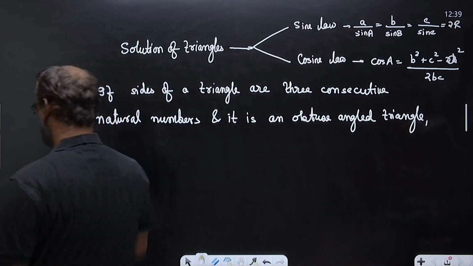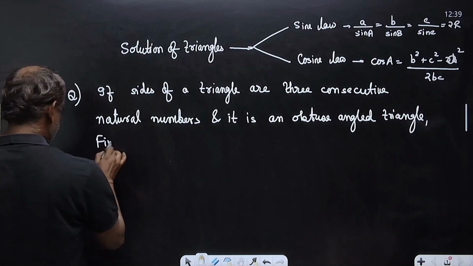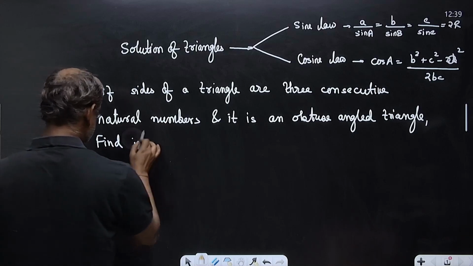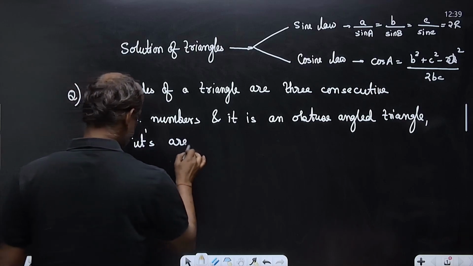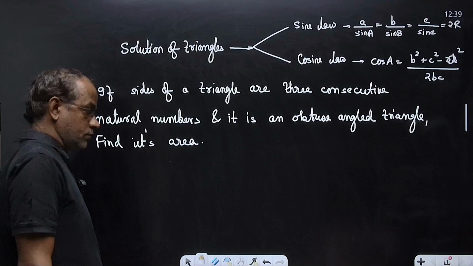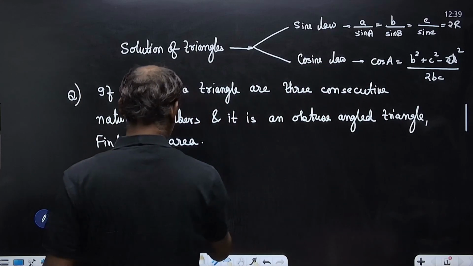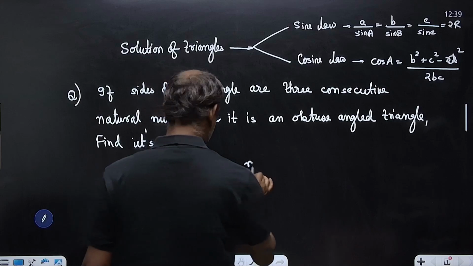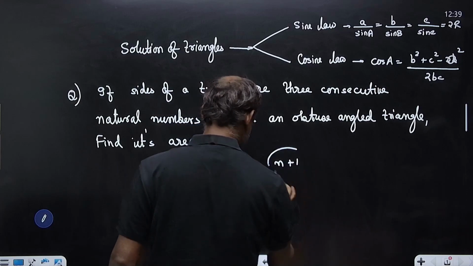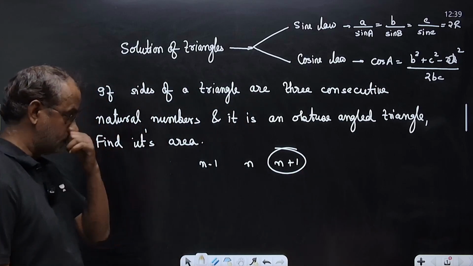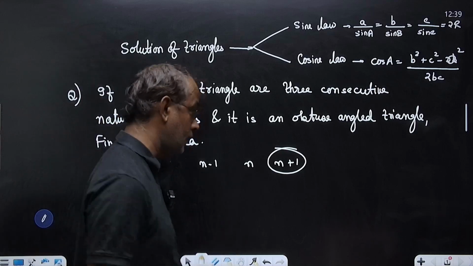Find its area, perimeter, or sides. We say if the sides are n minus 1, n, n plus 1, this is the largest angle. If it is obtuse, its cosine is going to be negative.